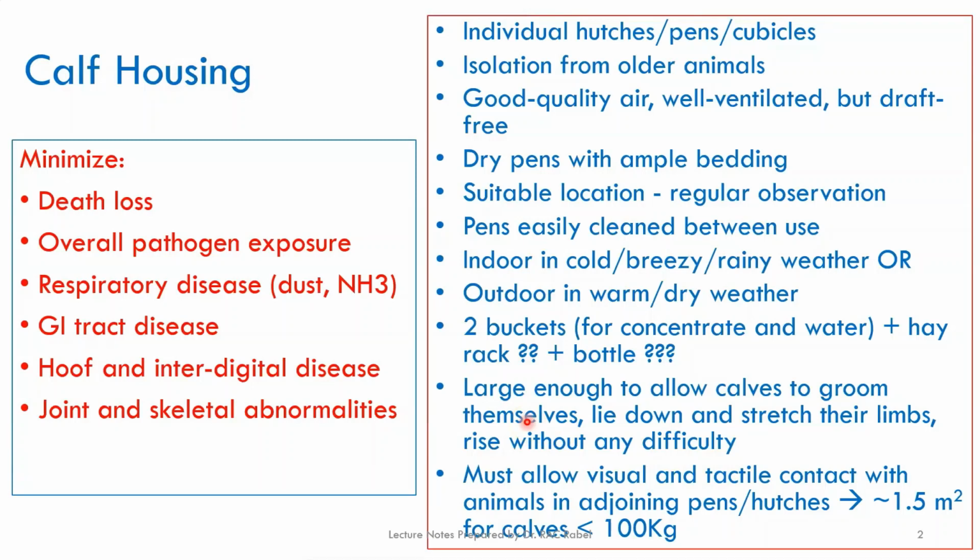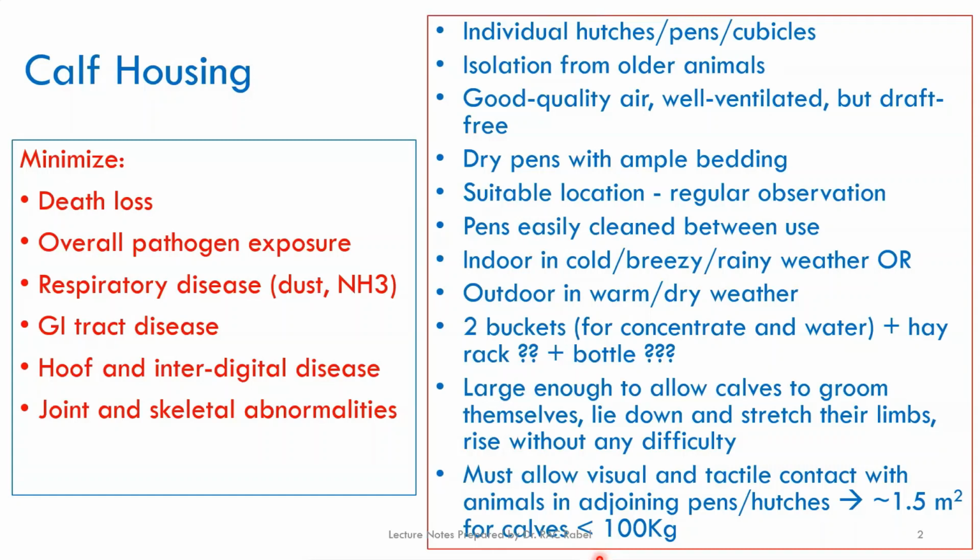I've never seen a calf before. All I've seen are these human beings that come in the morning and afternoon to feed me milk and concentrates, and suddenly I'm seeing a calf. What the hell is this? And the calf will get stressed about it. But if you make sure there is visual and tactile contact with other calves, then this stress will be minimized when the calf is released from the individual pen one day.